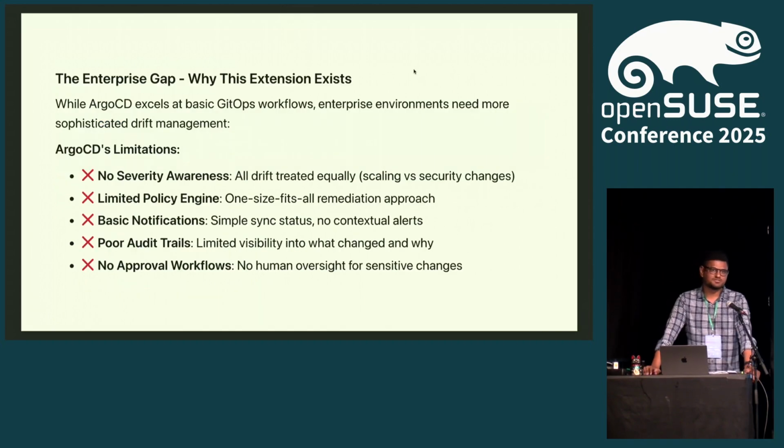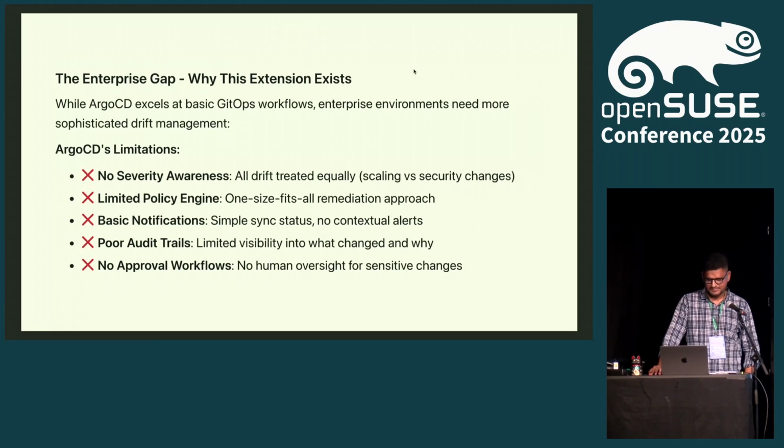So if ArgoCD is so good, where does it fall short, right? Why does this extension even exist? ArgoCD is excellent at the basic GitOps workflows, but enterprises and bigger organizations need more than that. So what are the limitations of ArgoCD? In a short while, I'll explain three different scenarios where the severity of all the drift is treated equally.